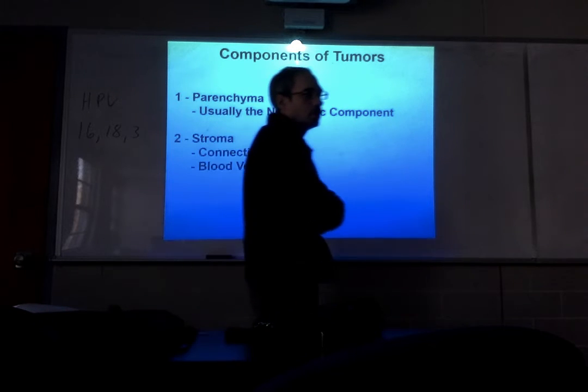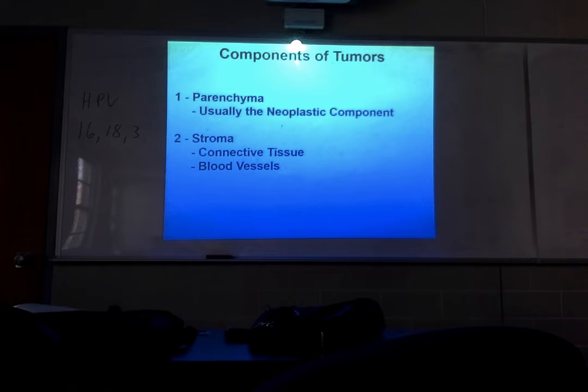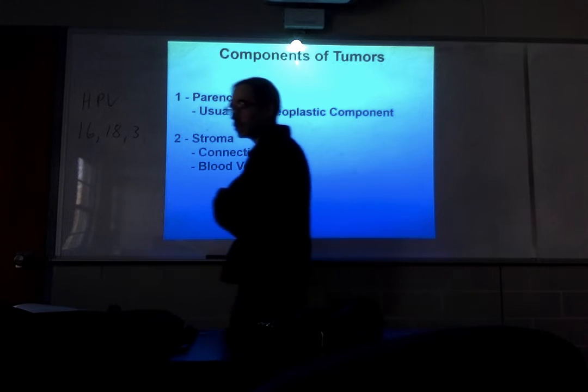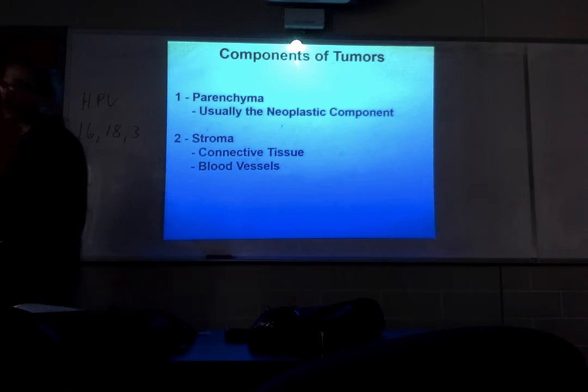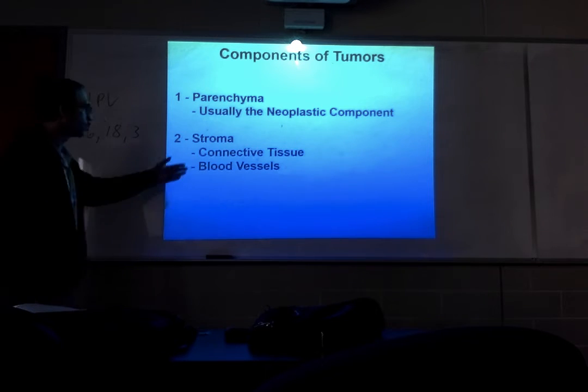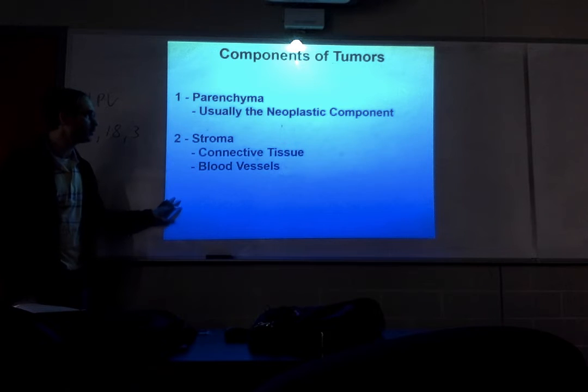A tumor needs blood vessels, it needs blood supply to survive, and it also needs a connective tissue framework. The blood vessels and the connective tissue framework are not neoplastic. They're just there because the tumor is recruiting the connective tissue and recruiting the blood vessels so it can survive. What do you call that other tissue? The stroma. The stroma of the neoplasm. The connective tissue, the blood vessels.